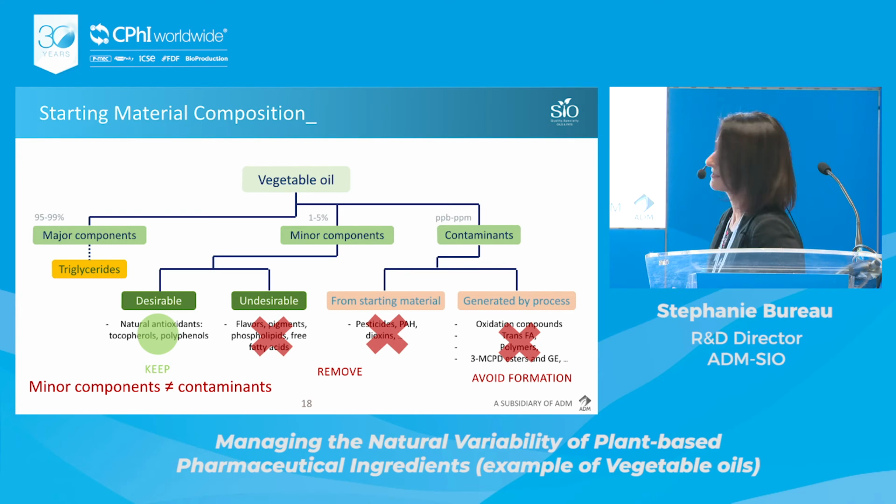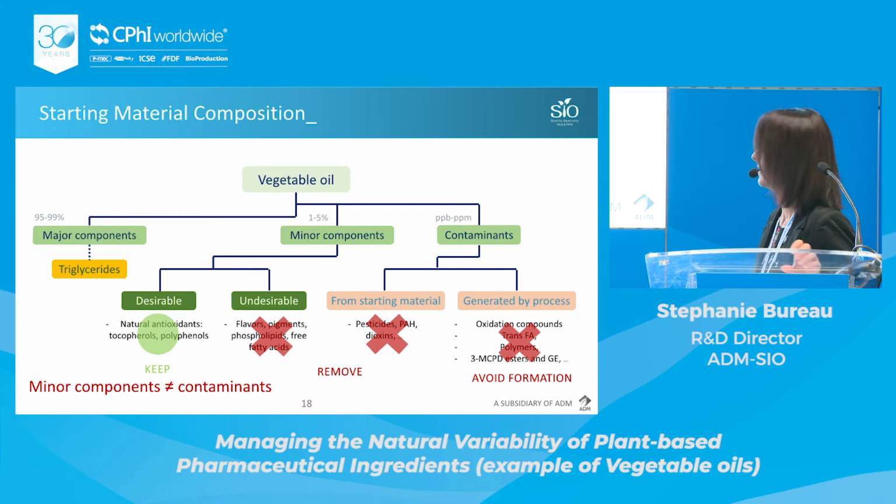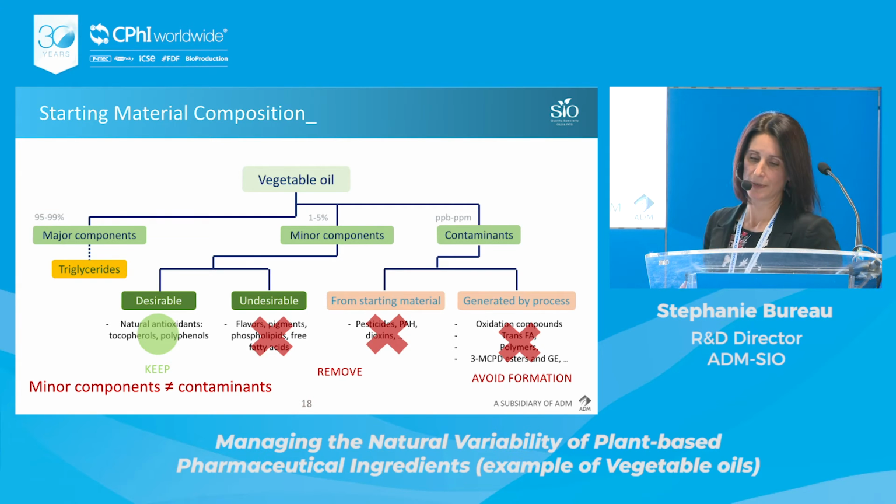And apart from these components, we can have some contaminants, two types of contaminants. Some coming from the starting material that are mainly from culture origin, that can be pesticides, dioxins, PAH. And we have also some contaminants that can be generated by the process if it is not well conducted.